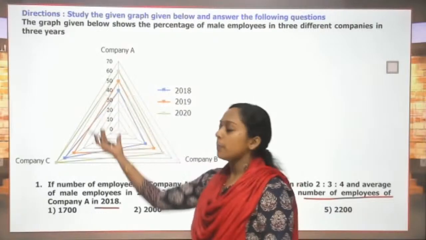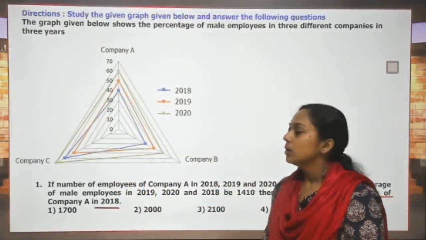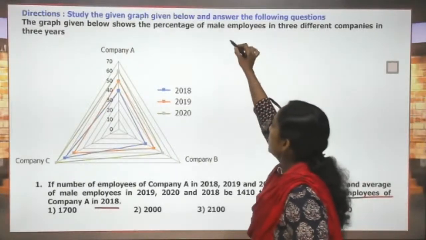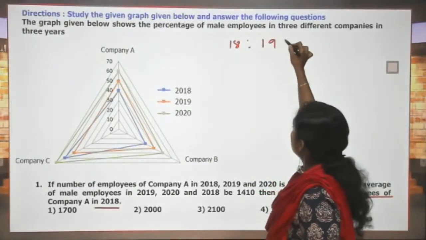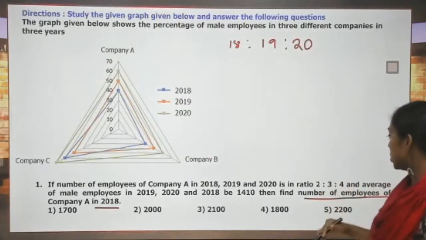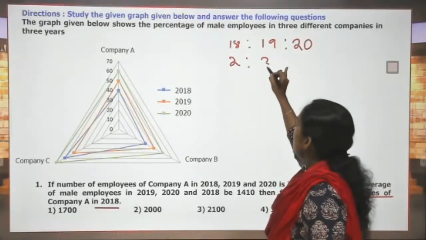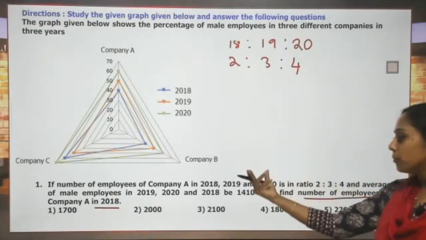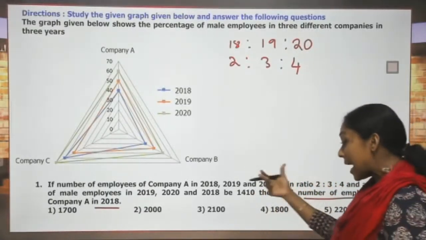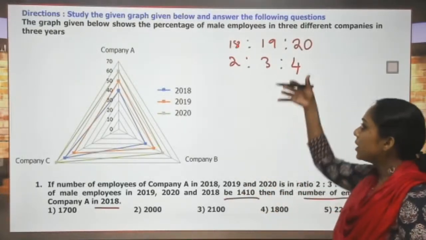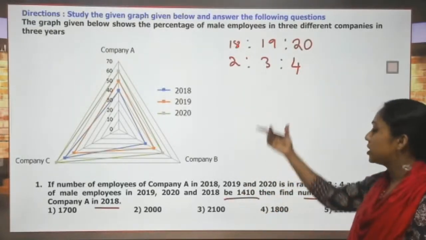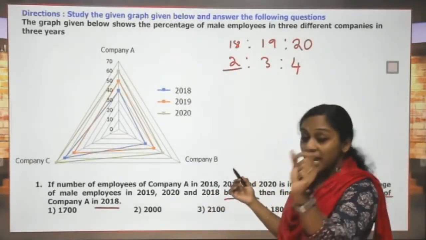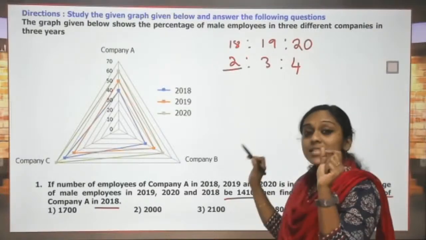So this graph represents the male percentage. Here, what is the ratio given for company A in 2018 to 19 to 20? 2:3:4. Now you have to find the average of male employees. The average of male employees is given, so you have to connect a relation between these two. So the total employees of company A in 2018, you can take it as 200.